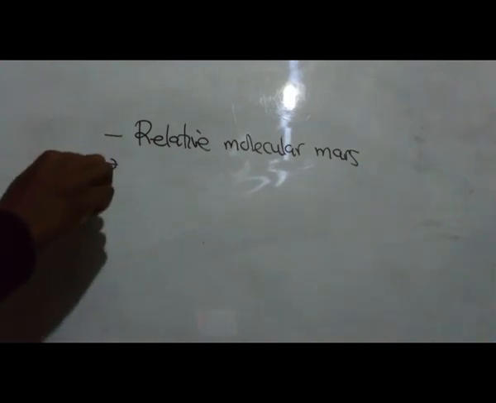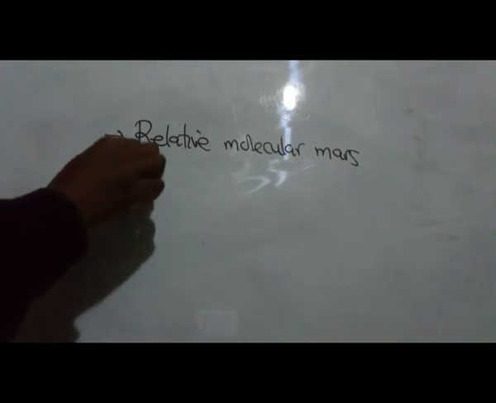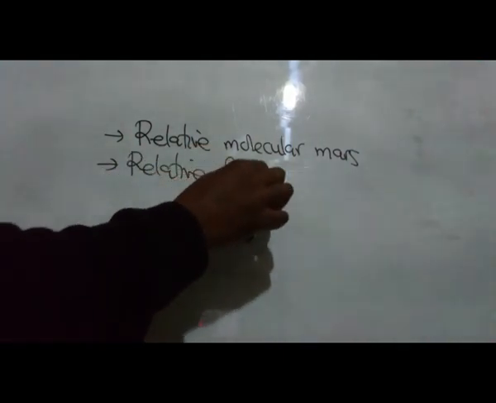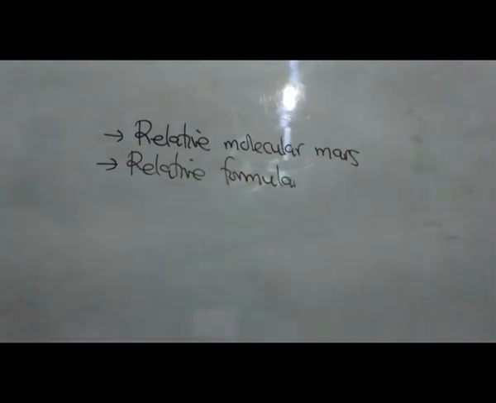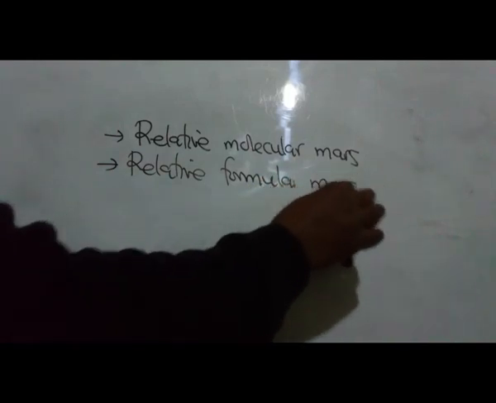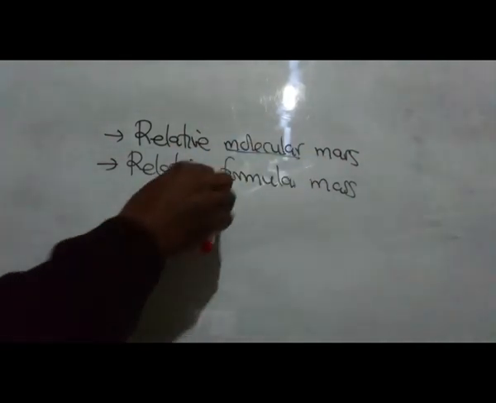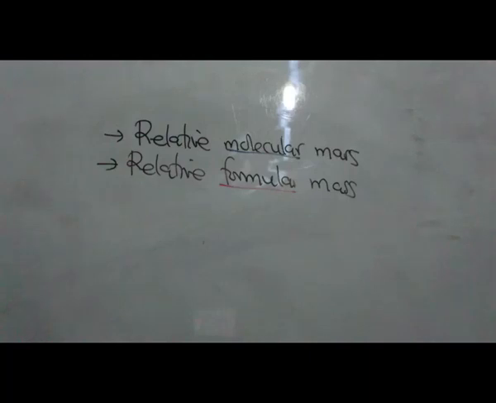Now, we also want to find the relative formula mass. They are all masses, but one is the molecular and the other one is the formula. So these two are commonly misinterpreted. They are different, as you can see from the words themselves. Firstly, let's look into how you calculate the relative molecular mass.